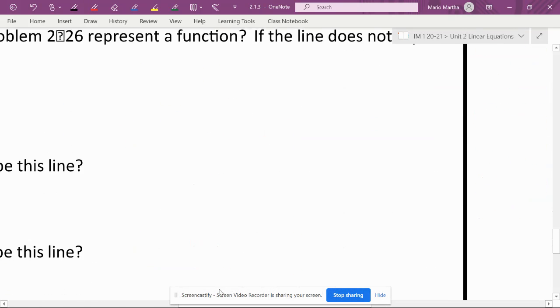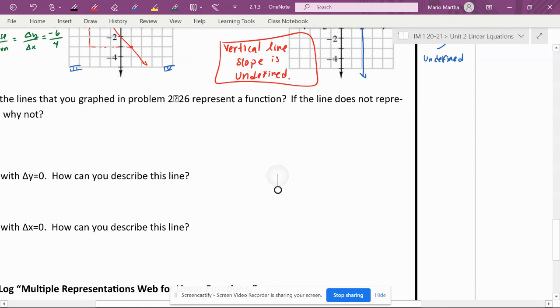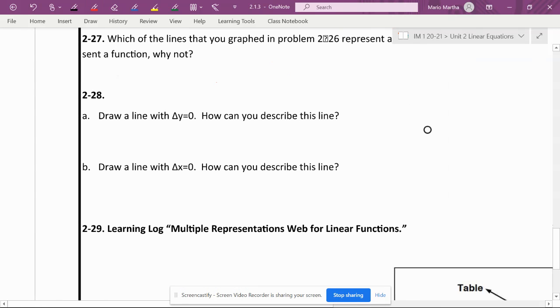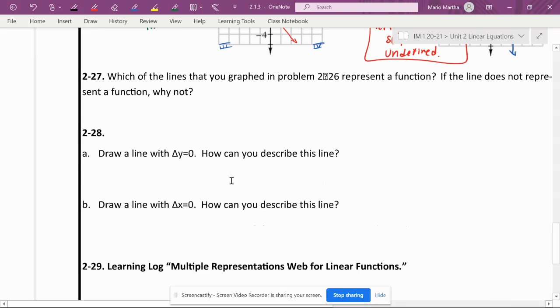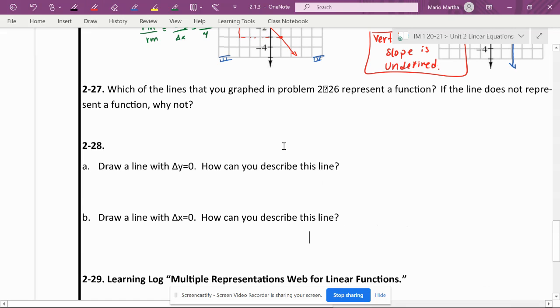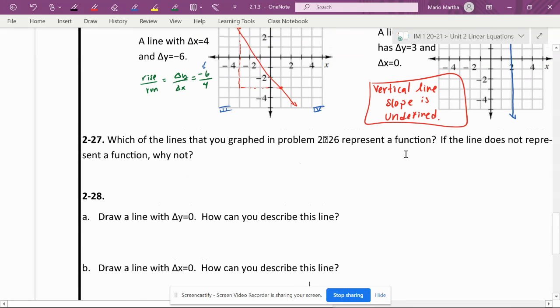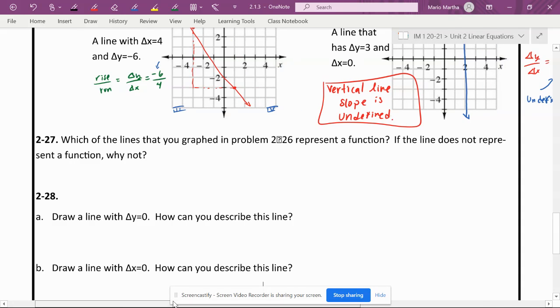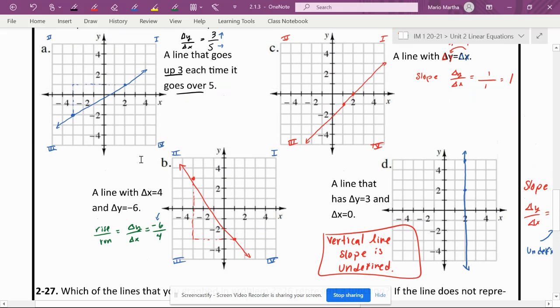All right, and now let's look at the next question. Which of the lines that you graphed in problem 226 represents a function? And if the line does not represent a function, why not? If you apply the vertical line test to any of these, which ones would be a function?